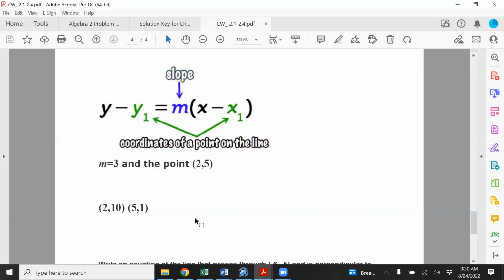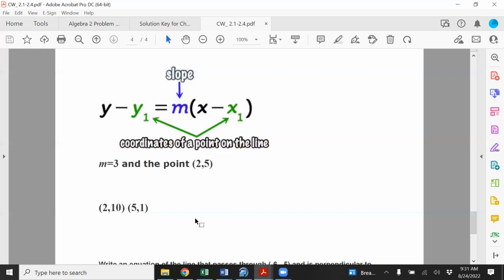You can choose whichever point you like for x1, y1. It's up to you. Would it be y minus 5 equals -3 times x minus? No, because 5 is an x coordinate. Oh yeah, that's right.